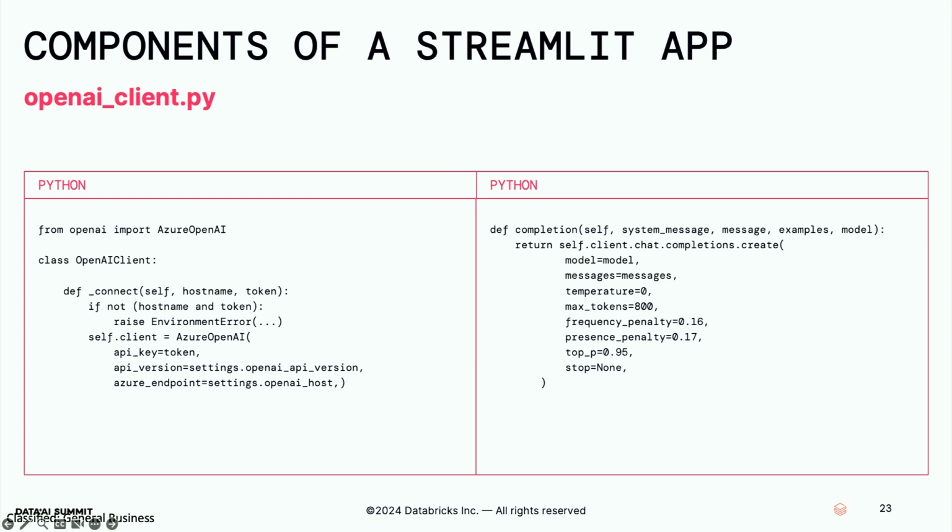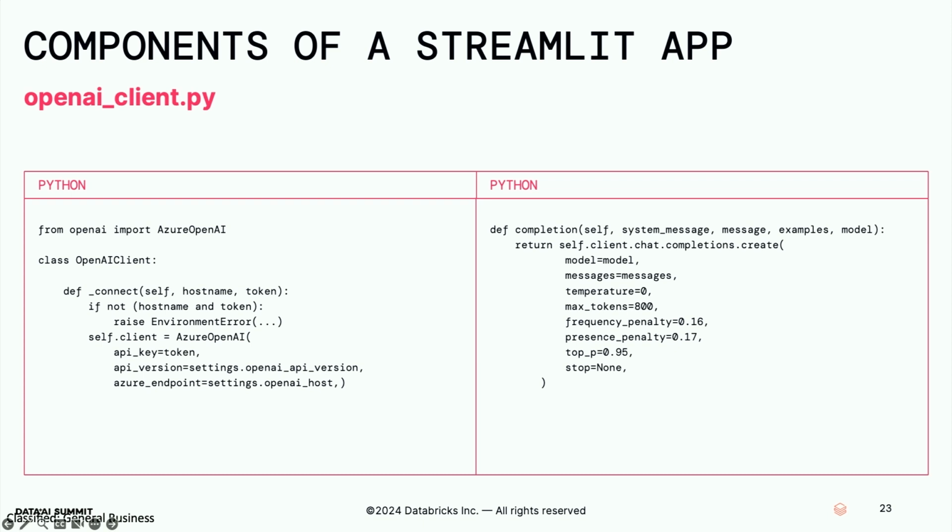We also have a Python API for that from OpenAI, and that we can connect to with our API key. And then we can ask for a prediction from OpenAI with the completion code on the right-hand side. So all this code fits on just how many slides was that? Four PowerPoint slides. You have a complete ChatGPT web app.